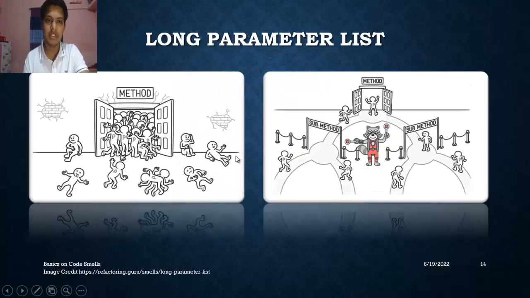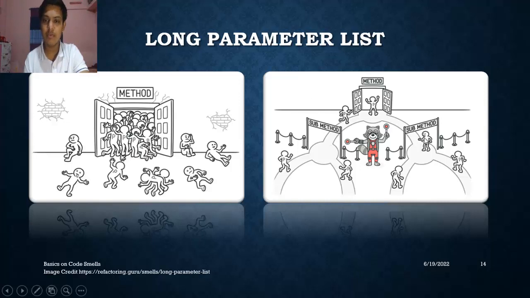We can have long parameter list. In the picture we can see that very long parameters are going to the same method. This is not good for the code. A method with more than 4 parameters is considered a long parameter list, so we will try to keep the parameters as few as possible.